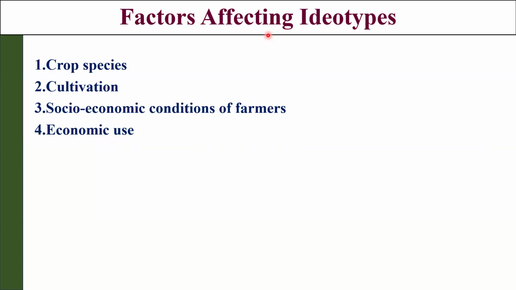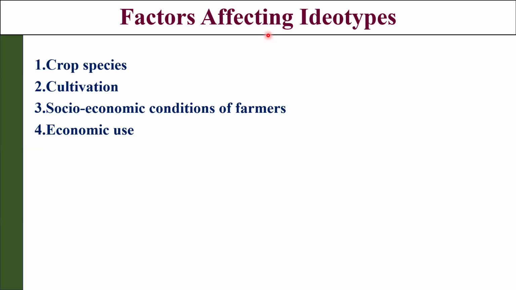You have to first decide the traits, meaning you should decide the botany of the particular crop. Then cultivation: for example, you are developing rice for the DSR method, direct seeded rice, or the upland ecosystem, or the lowland ecosystem, whatever it may be. First you have to know how they are cultivated, because when you define the environment, the cultivation practices will have a great impact on the behavior of the plant.